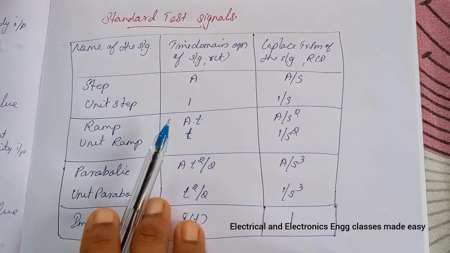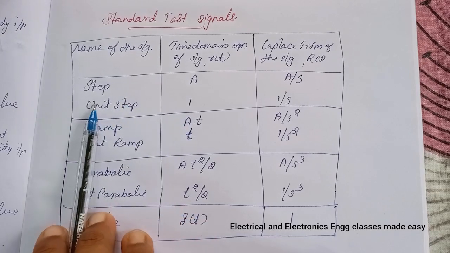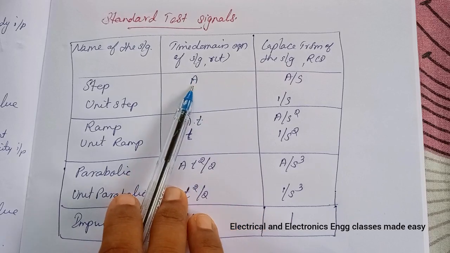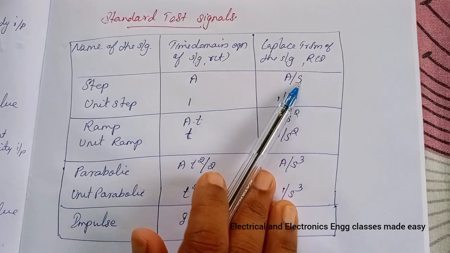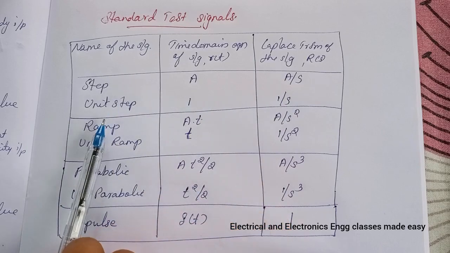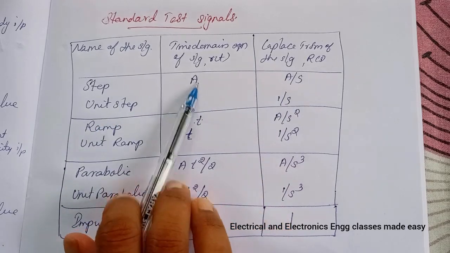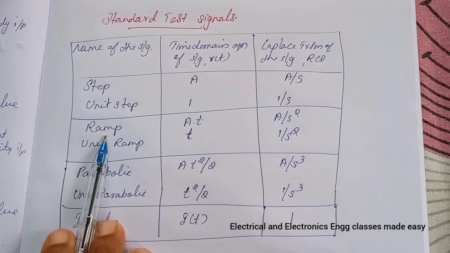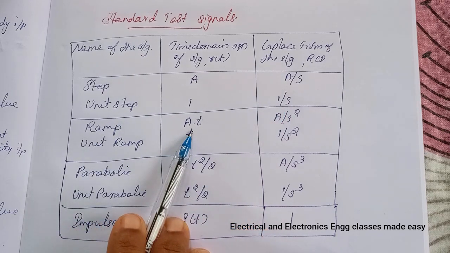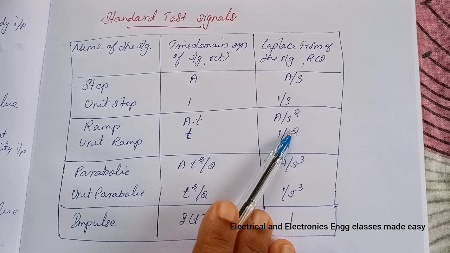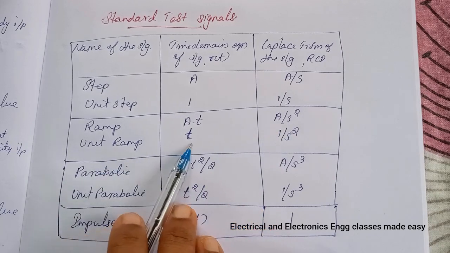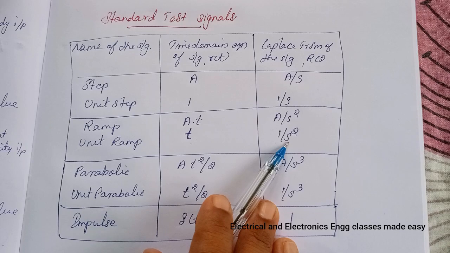So the standard test signals are step signal, the time domain equation of the signal is A, then the Laplace transform of the equation is A by S. For unit step signal it is 1, here 1 by S. Then for ramp signal, time domain equation is A into T, its Laplace transform is A by S square, and for unit ramp T, then 1 by S square.